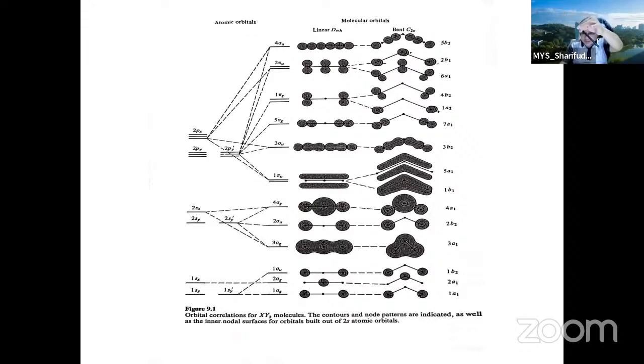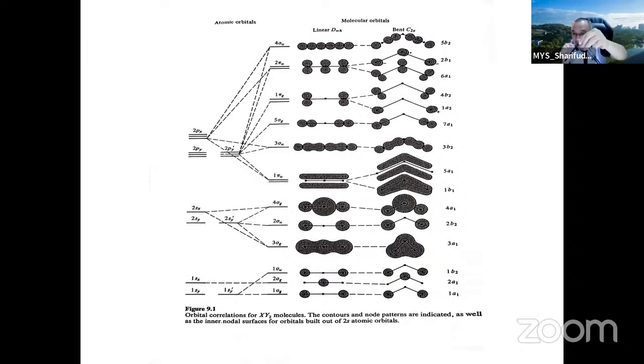Now, if you rotate this 180 degrees like this, it returns back to its original shape, right? That means for the water molecule, a 180 degree turn will return it to its original shape, correct?